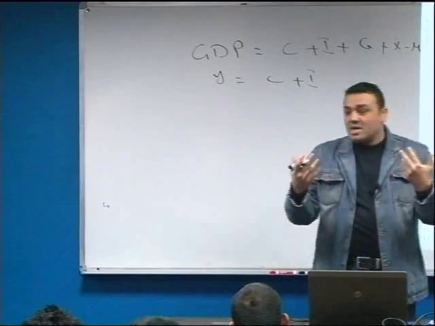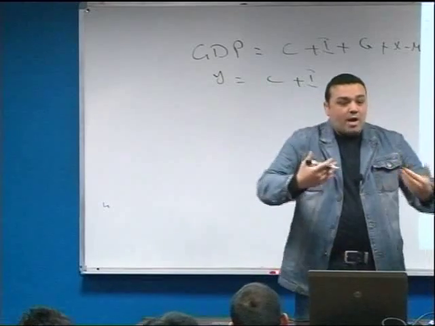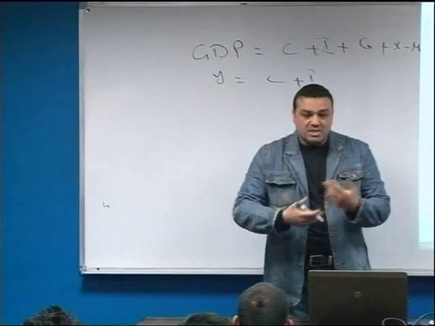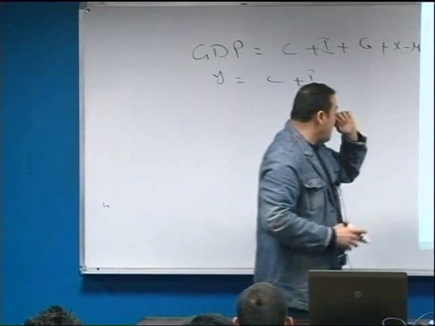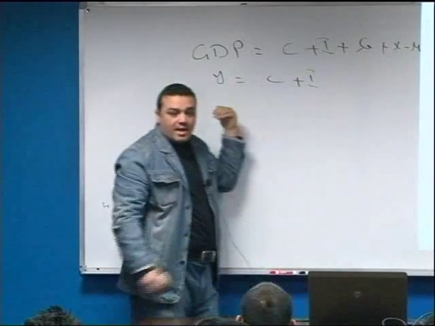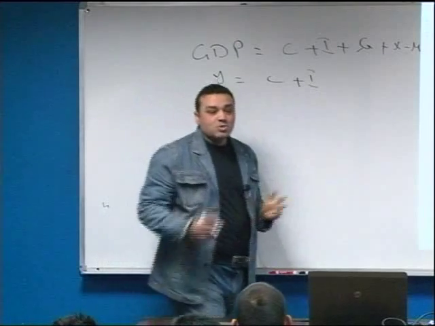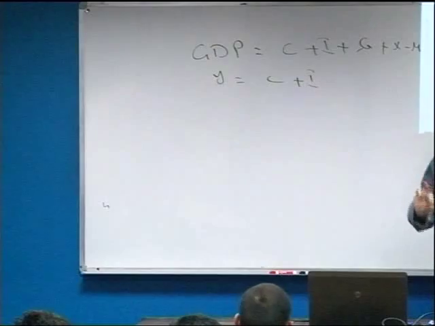Closed economy means that we work inside the country. All of our output is purchased or sold inside, and we don't have a government. So in this case, the aggregate output, or Y, equals C plus I. I is the planned investment.